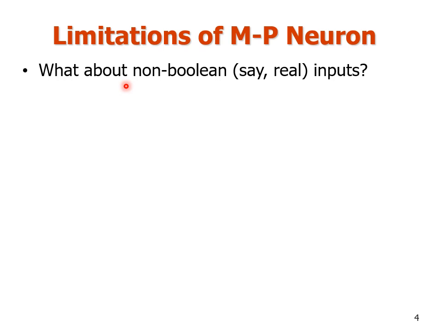So how to deal with non-Boolean, say for example real inputs, that is the question number 1 or limitation number 1 of MP neuron. In MP neuron, if you remember, we dealt with one example that deals with the decision whether to go for watching a movie or not, and we had the binary inputs.